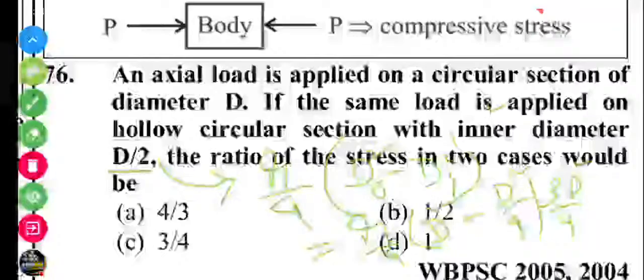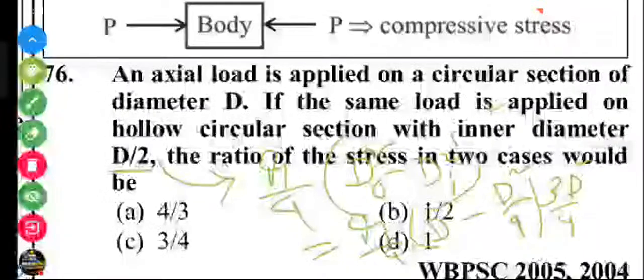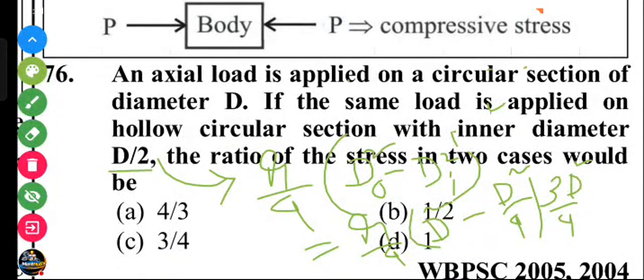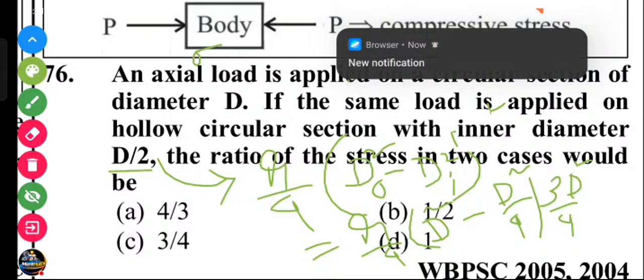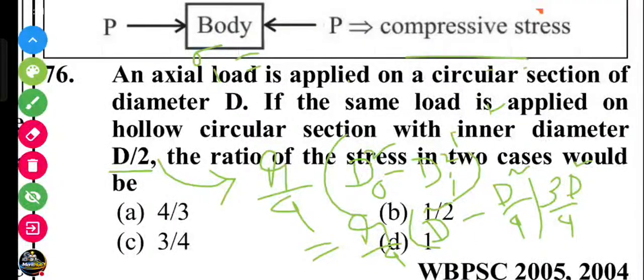Stress is equal to force per unit area. For the solid circular shaft, let's assume sigma 1 equals force per unit area, that is P by pi by 4 D square.